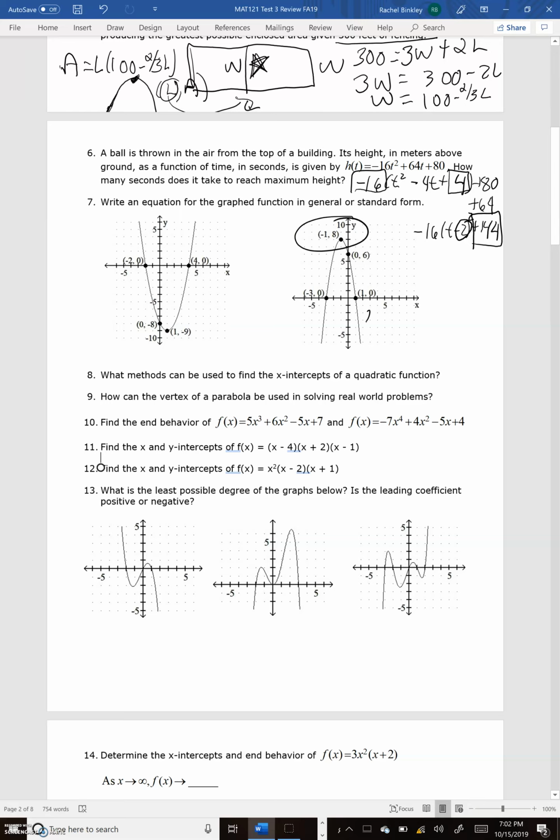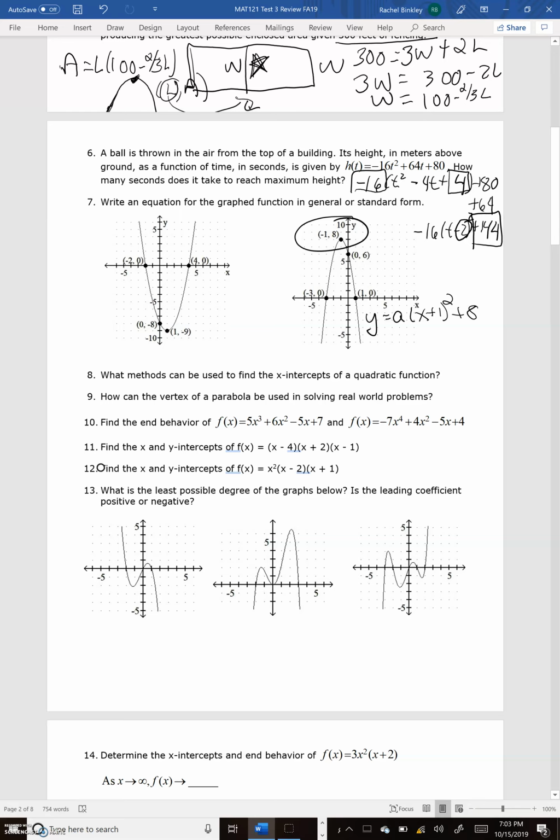So I have f of x, or let's just call it y. We have y is equal to a, because we don't know if it's been stretched, right? Maybe, maybe not. And then my vertex is going to be (x plus 1), because it's going to be the opposite there, squared, plus 8.